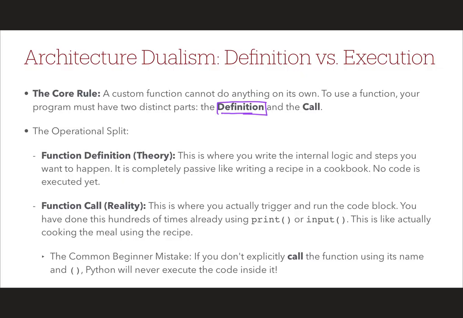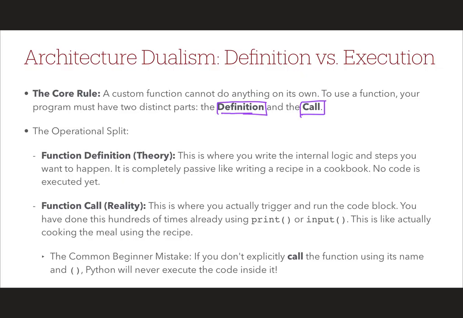If you need to execute the task that this function is supposed to do, you need to call its name. So in Python, the definition and call are two different tasks.